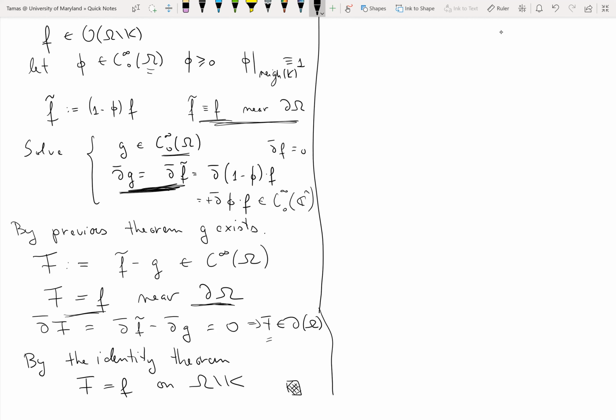Really, the focus is not necessarily on the statement, but on how it relates to the solution of the Delbar problem with compactly supported solution. That's the point where higher dimensionality comes into play. Unless g was compactly supported, this argument would not work. It would break down here. This would not be true. All right. Thank you for your attention and see you next time.